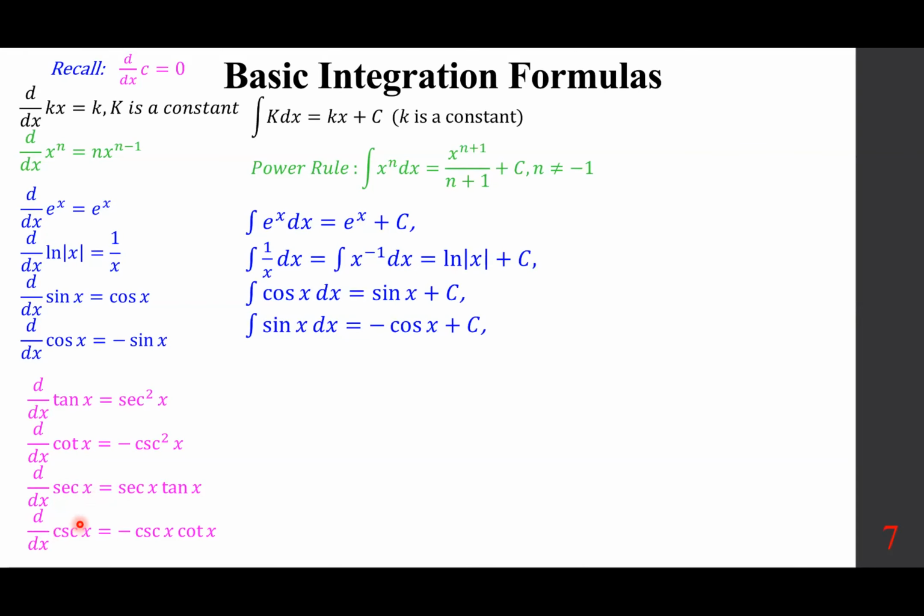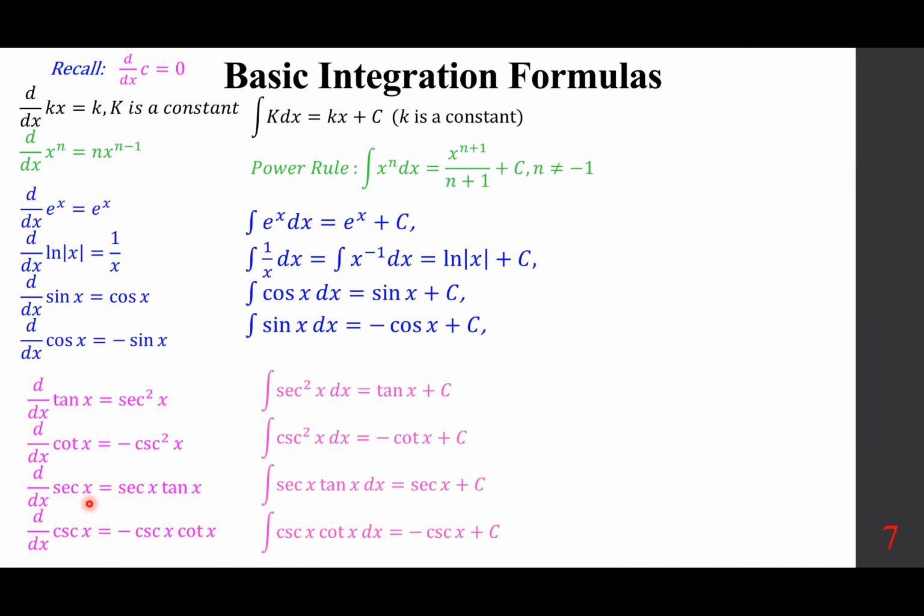The derivative of cosecant is negative cosecant cotangent. So the integral of cosecant cotangent becomes minus cosecant, and of course, all of them plus a constant. So I hope you see the relationship above.